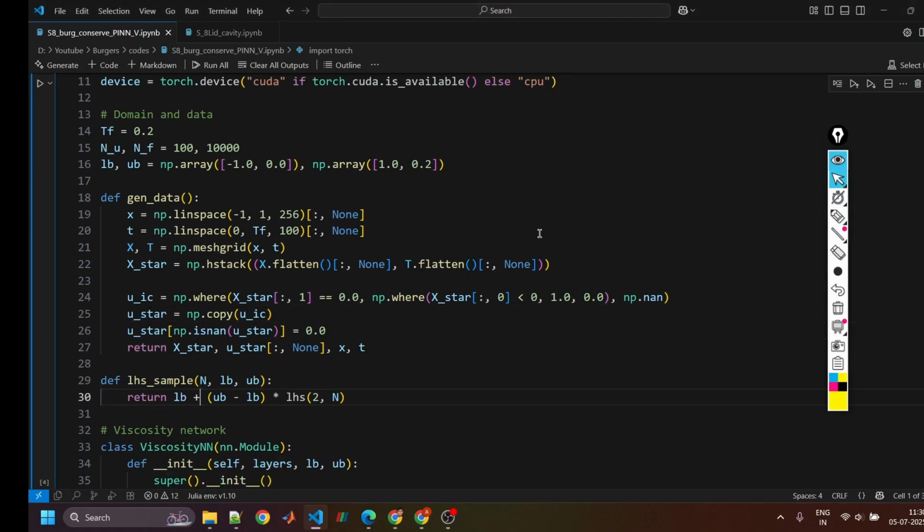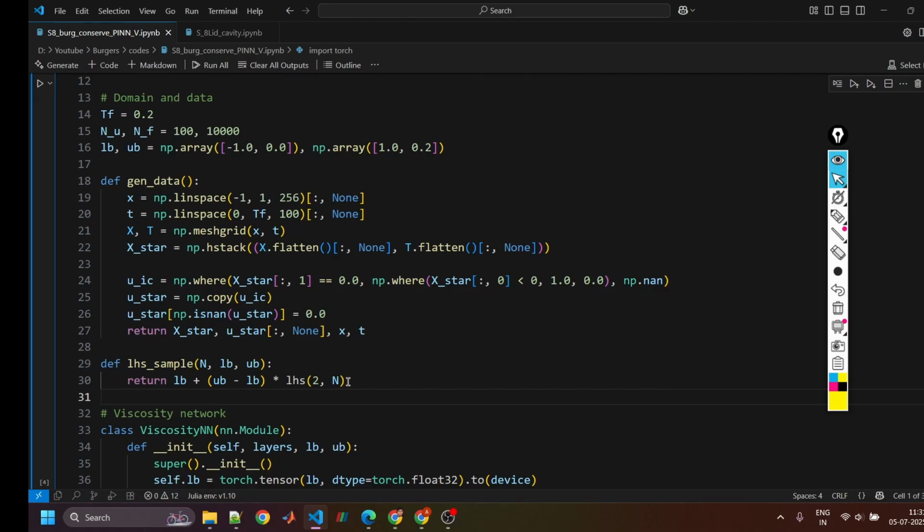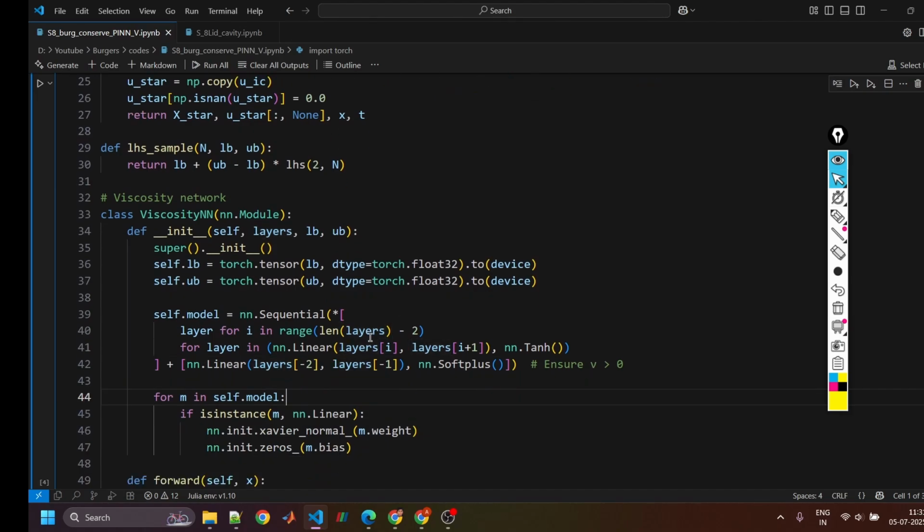Then as usual, we are scaling the values between some limits. In this case, it's not required because we have assigned -1 to 1 as the boundary points. If our domain is maybe -10 to 100 or something, it's good to scale the domain. Then I already told you we will have two neural networks. One is to learn the viscosity, the other one is to learn the solution.